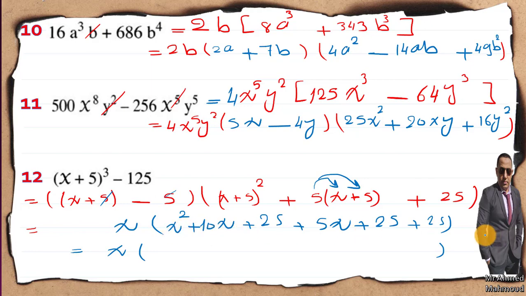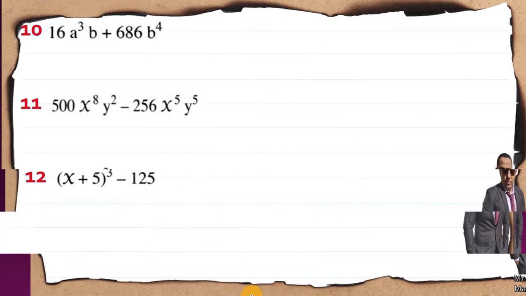Here I'm going to simplify the like terms: x power of 2, and here I have 10x and 5x giving me 15x, plus 15x. Here I have 25 and 25. 25 plus 25 plus 25, positive 75. Another example.